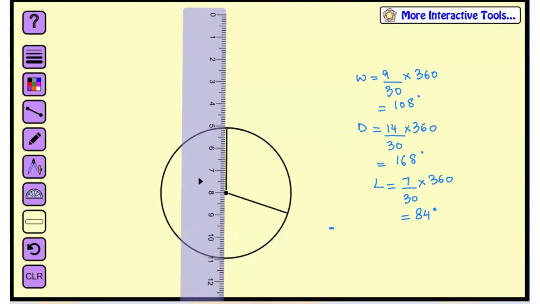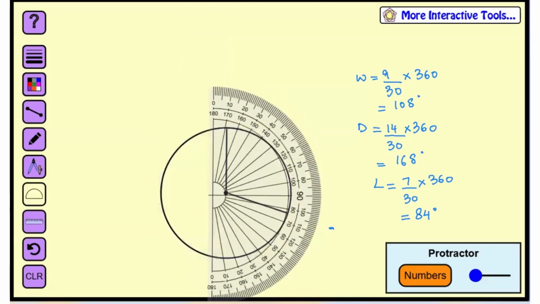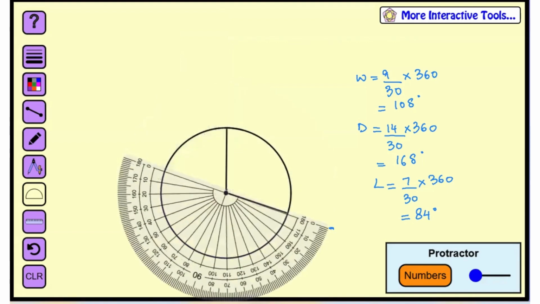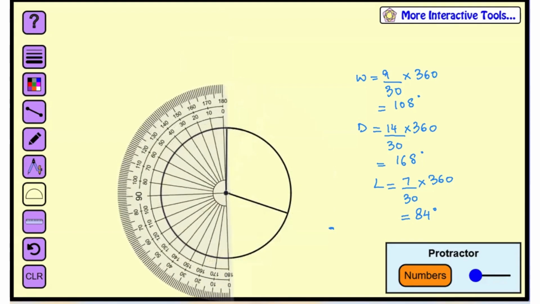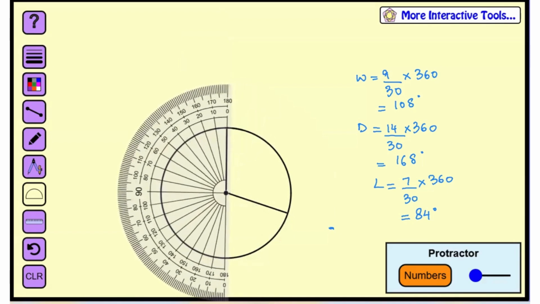Now, next is 168. 168 is going to be over here.